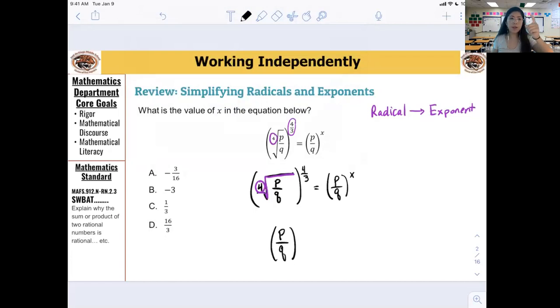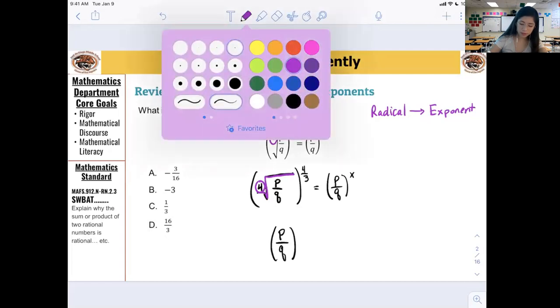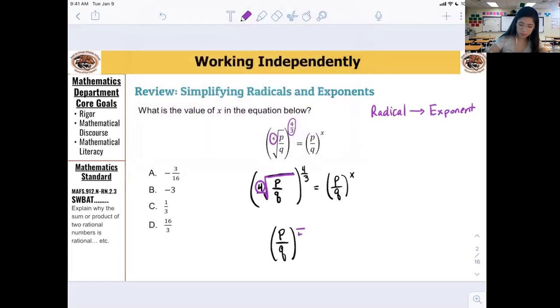In the numerator or in the denominator? Denominator. So that number 4 ends up in the denominator. But then what goes in the numerator? 1. Good.